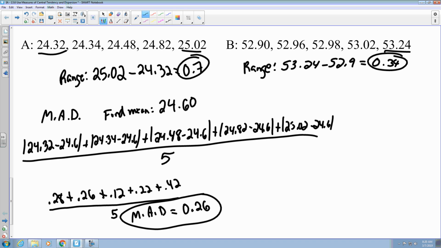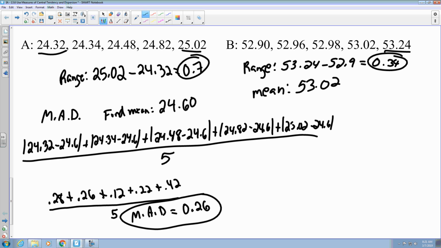And looking at set B, we have to find the mean first. The mean is 52.9 plus 52.96 plus 52.98 plus 53.02 plus 53.24, divided by 5. We get a mean of 53.02.